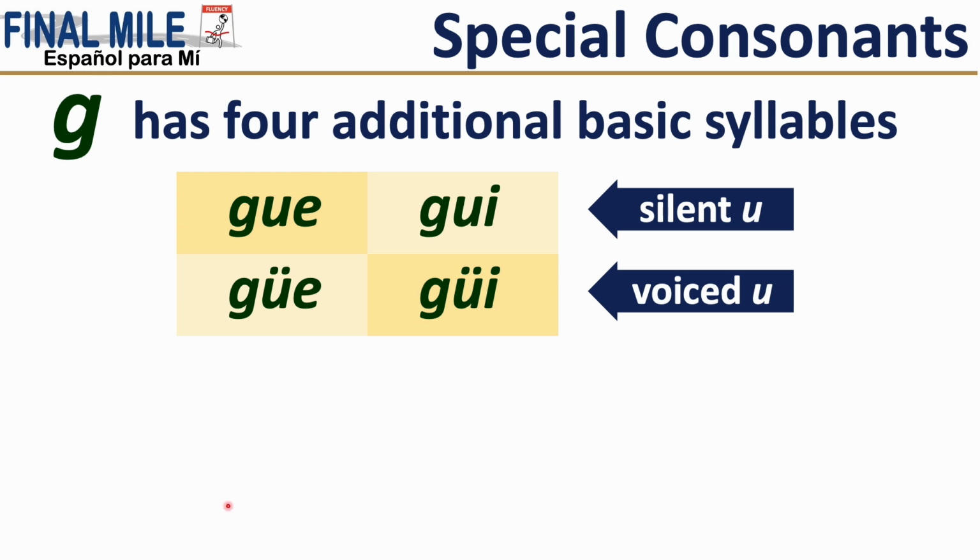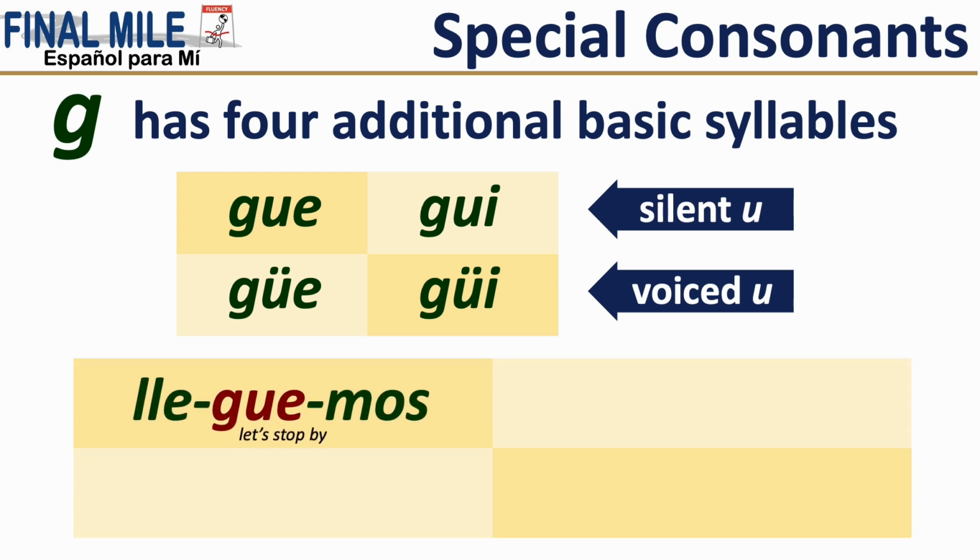Okay, so up here, the U is silent because it's between a G and an E and a G and an I. And down here, the U has been reactivated by the dots, the umlaut. So, do you know how to pronounce these? Ge, gi, gue, gui.